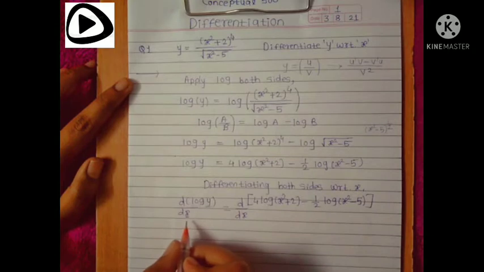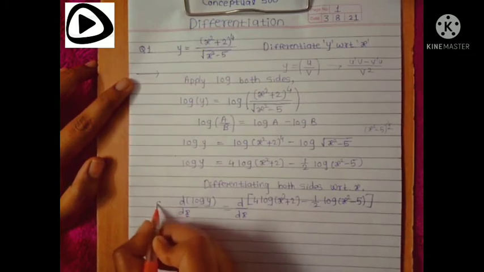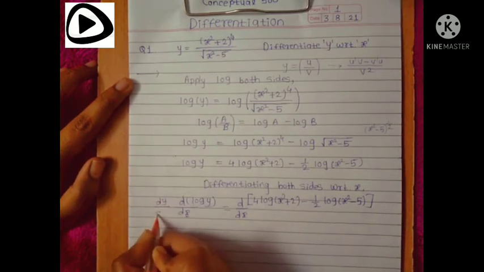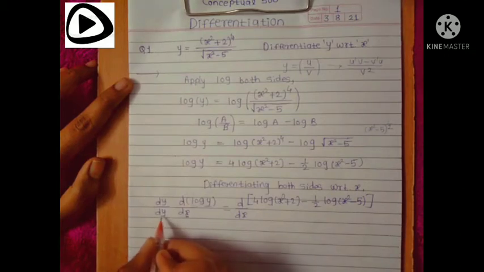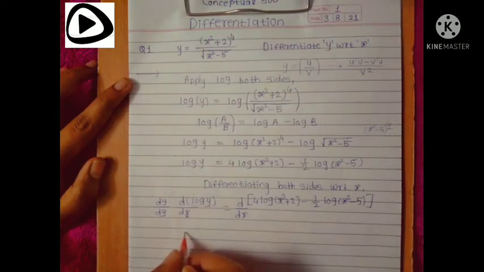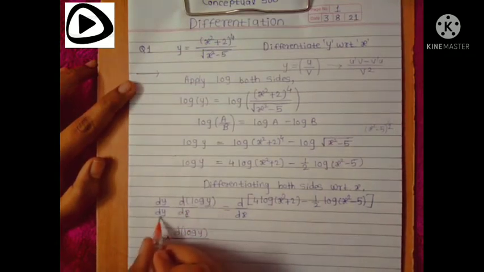So we multiply numerator and denominator by dy. It becomes dy by dx into d of log y by dy.